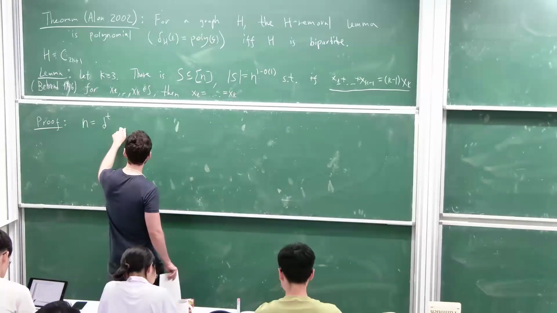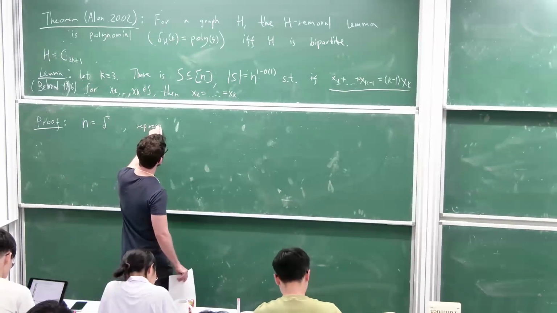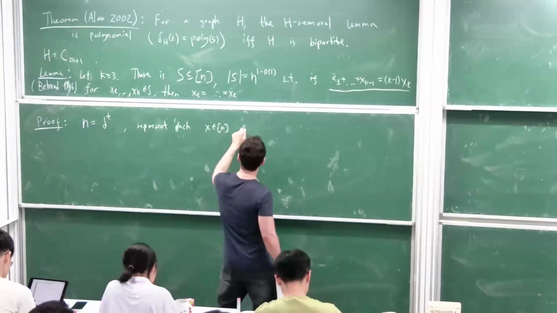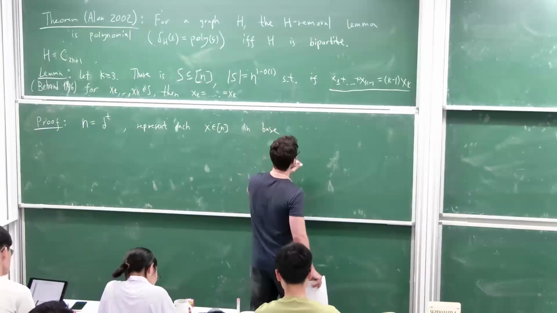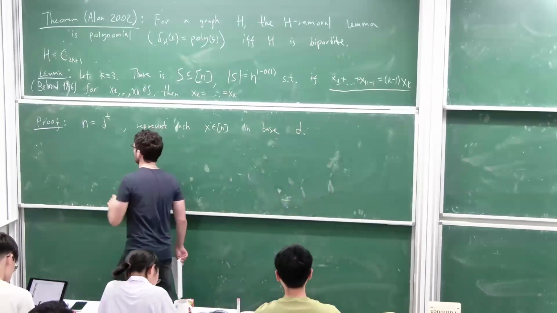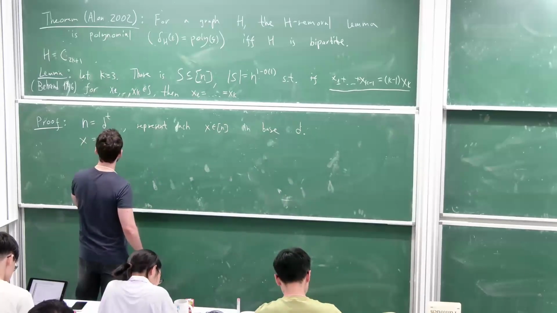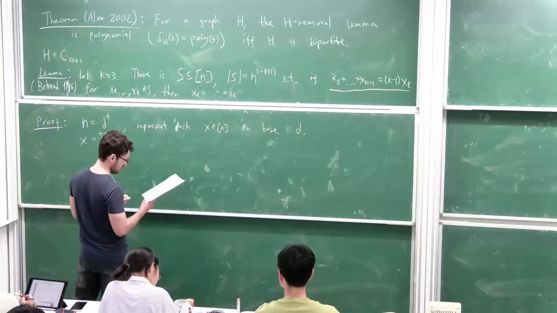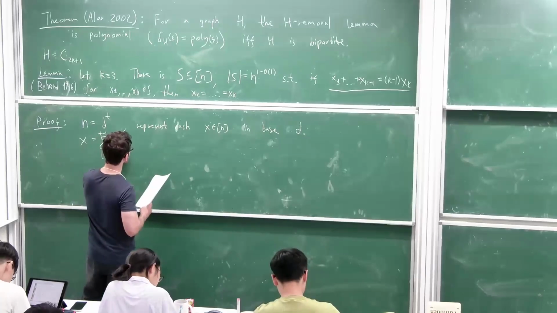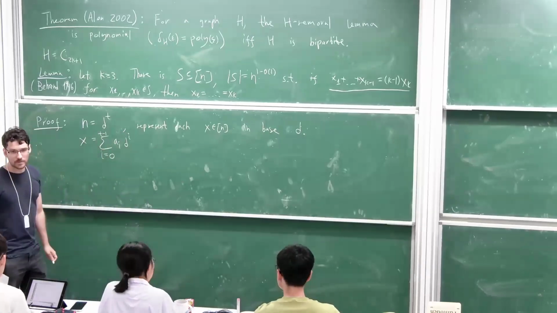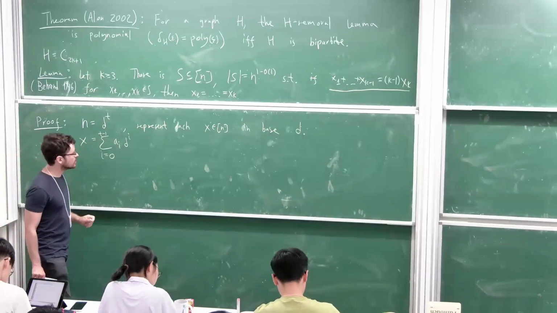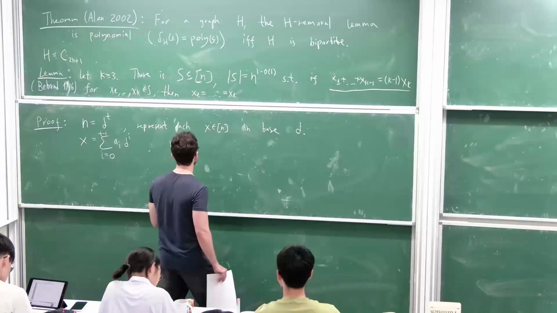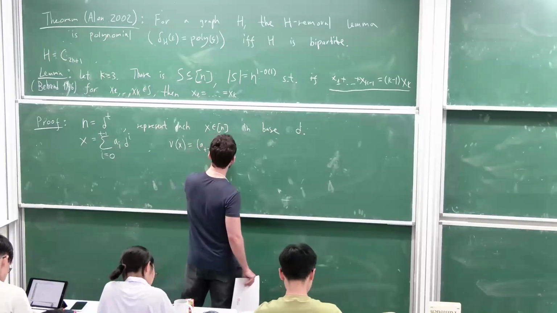And we will represent each x in base t. That means that we can write x as the sum for i from 0 to d minus 1 of a_i times t to the i. So we just represent it in base t, and then we associate to x this vector of coefficients, a_(d-1) up to a_0.